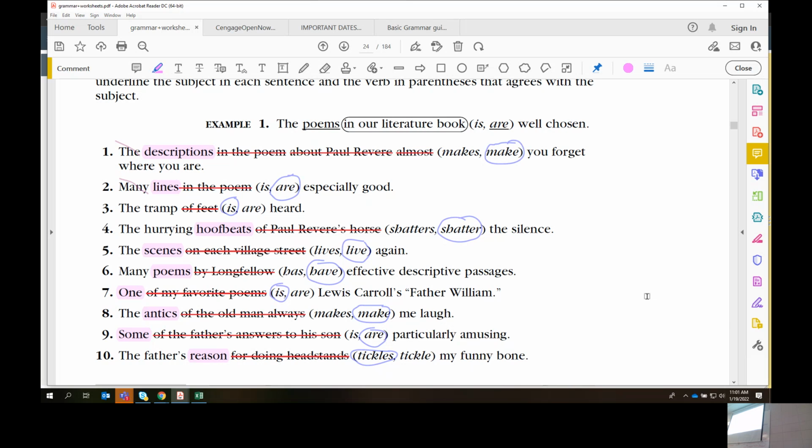Okay. Subjects are never in prepositional phrases. You're going to see today where sometimes the prepositional phrase will tell us a little bit about what the subject is, but we're not worried about that right now. Prepositional phrases don't have subjects in them, and they don't have verbs in them. They're going to start with a preposition. They're going to end with a noun.